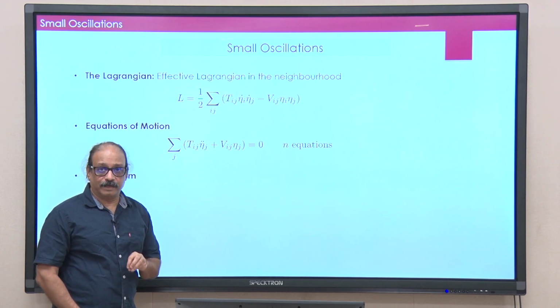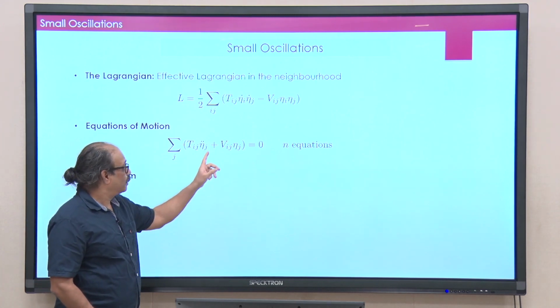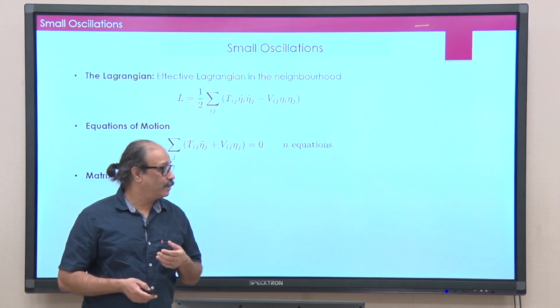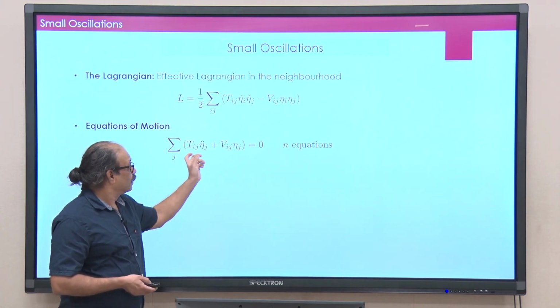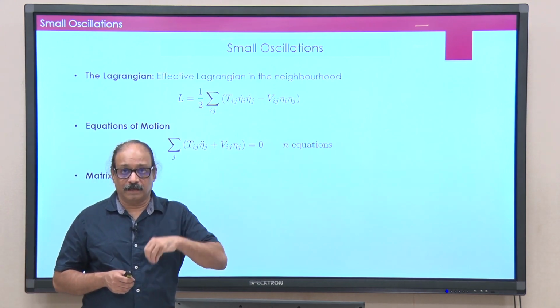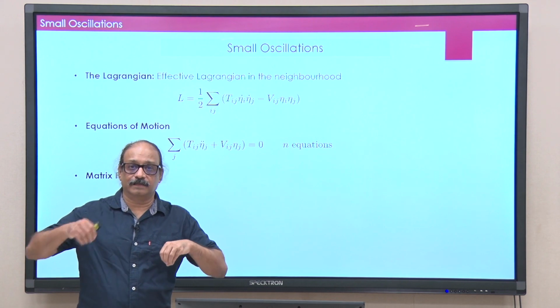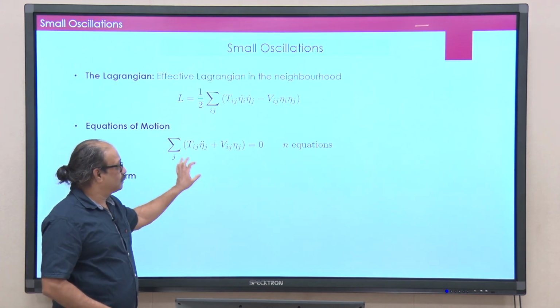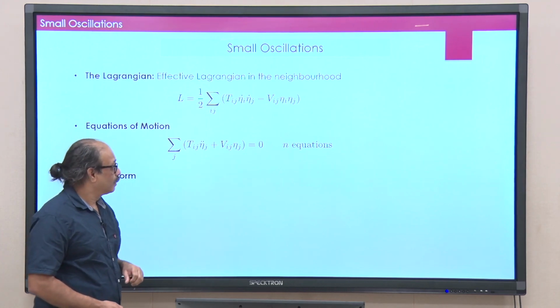These are coupled differential equations, because Vij is not necessarily diagonal. So, basically the differential equation for eta i will contain the terms from eta j and so on. So, these are coupled differential equations.